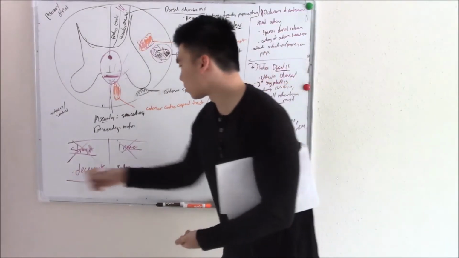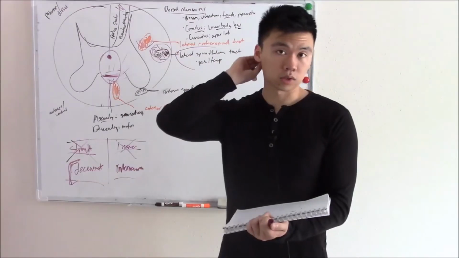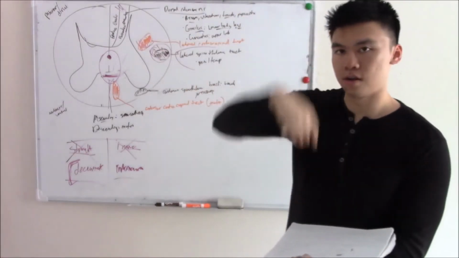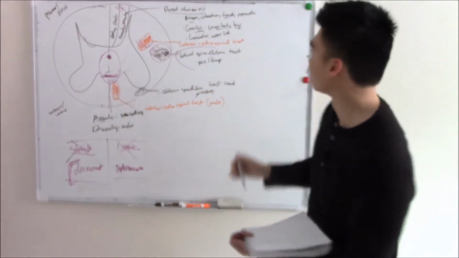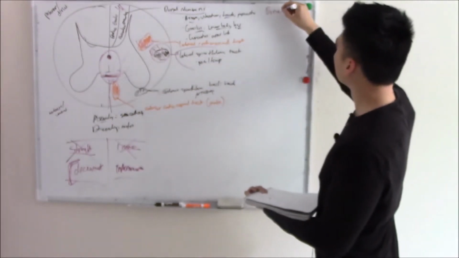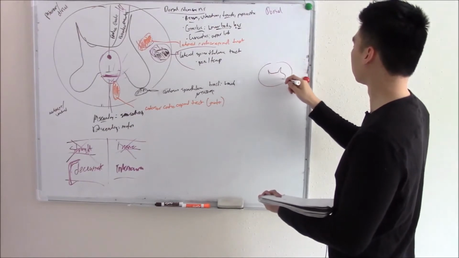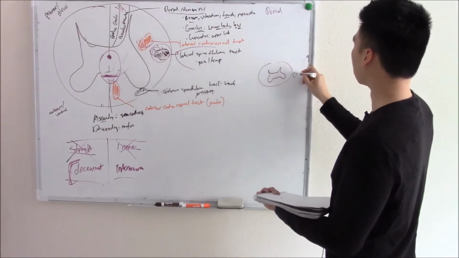Let's talk about the crossing over part first. And we'll start with the ascending fibers. So your dorsal columns, your spinothalamic tracts. We'll start with your dorsal columns. All right, dorsal. Let's say there's your spinal cord, and we'll say it's like C5.